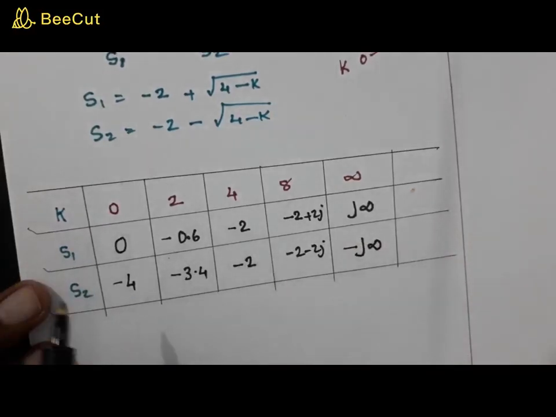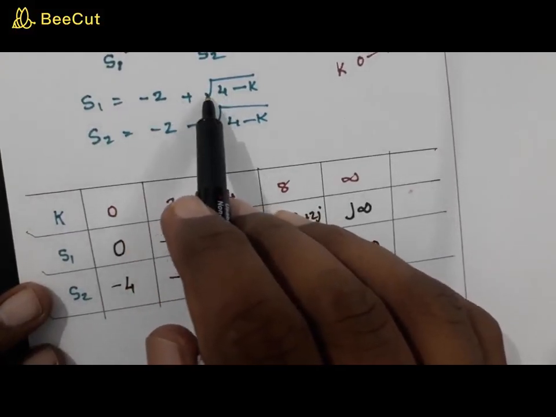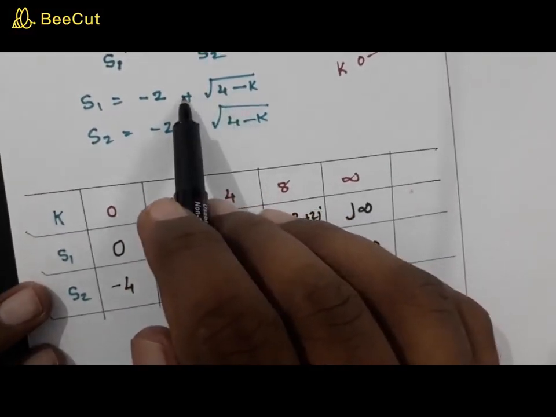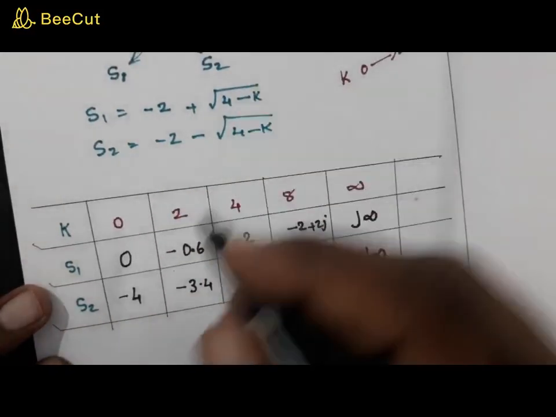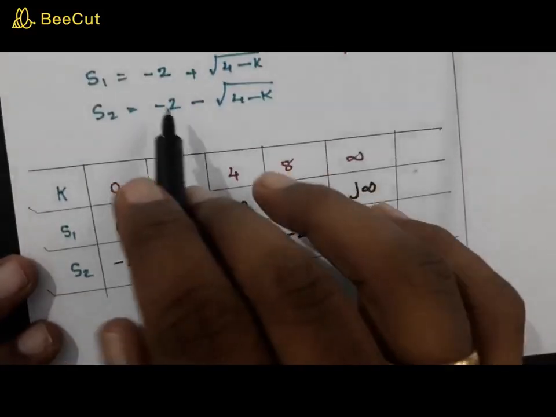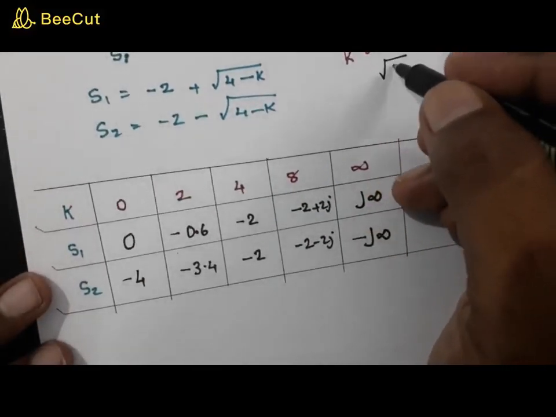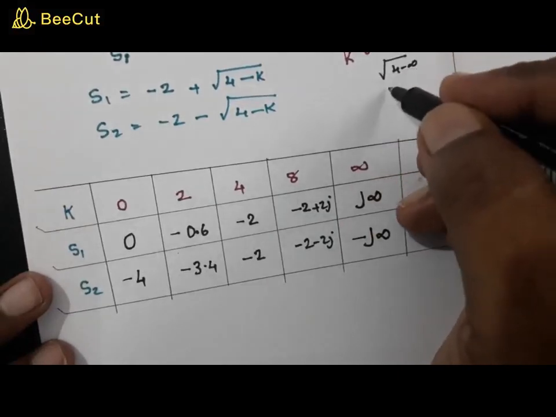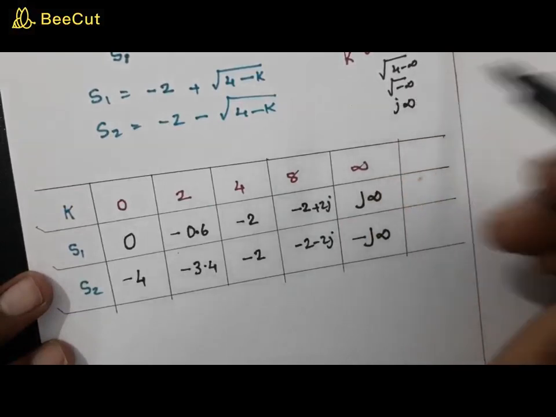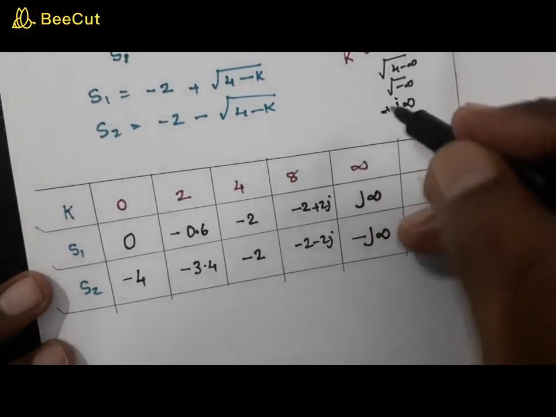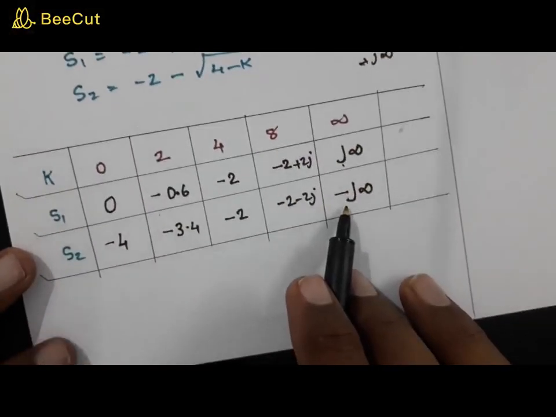So look at this: 4 minus infinity is minus infinity, so the real part is minus 2 plus j infinity, while in this case it is minus 2 minus j infinity. Hope you understood this.